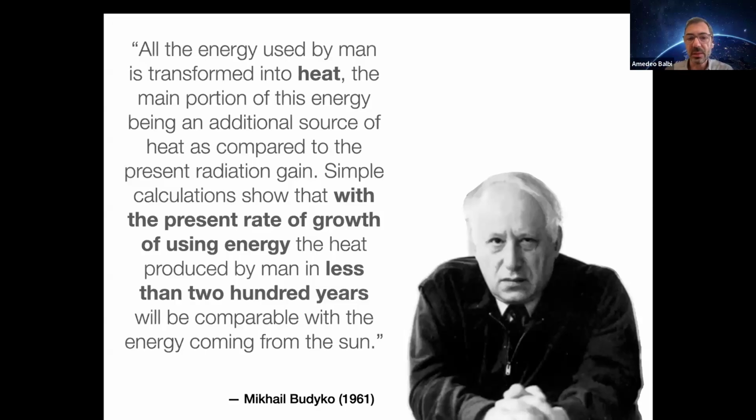And this calculation already in 1961 showed that if you keep growing with energy consumption at the present rate, you will have a very short time to do this in a planetary environment, just because of this very basic constraint that comes from the second law of thermodynamics.